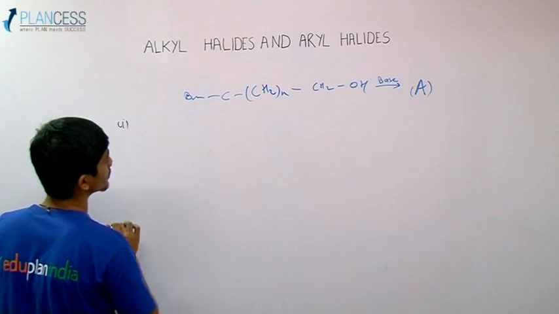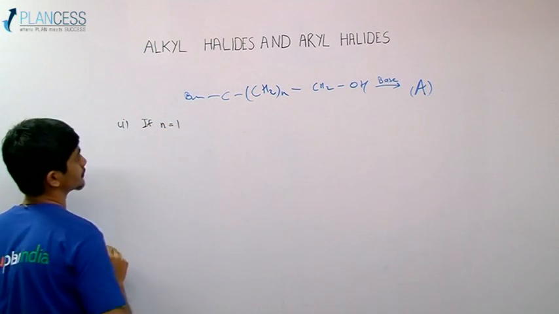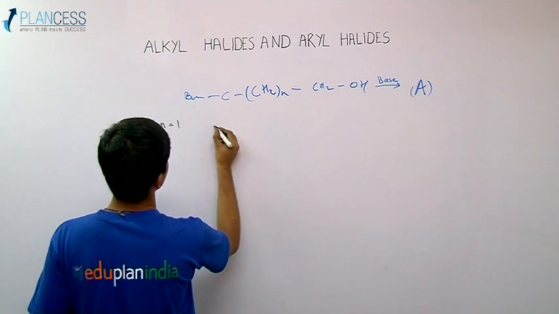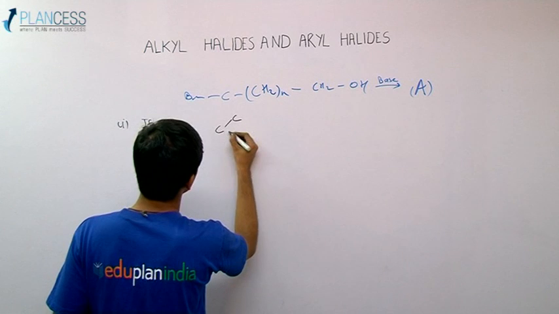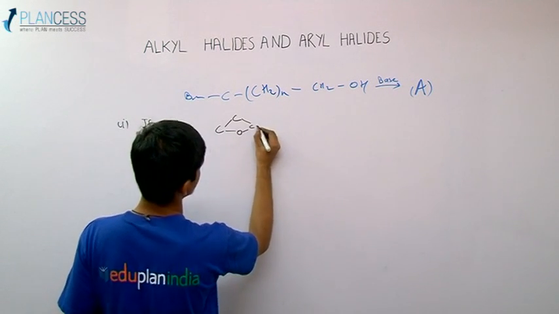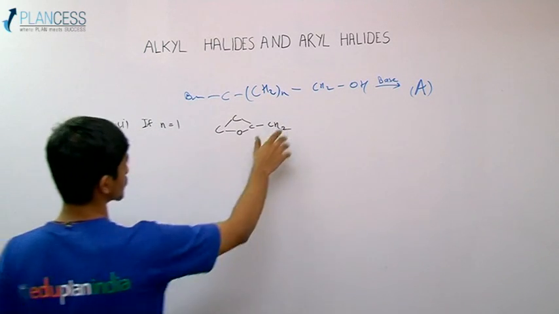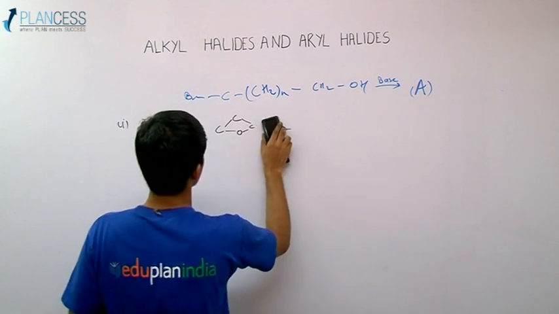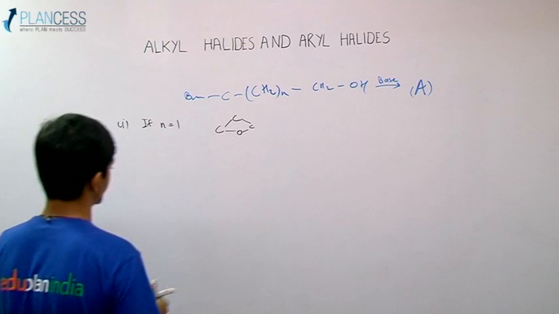So first product, if n equal to 1, then in that case the product is C, O, C, CH2. One second. If n equals to 1, then in that case this CH2 won't come, because in that case we will have only 3 carbons and 3 carbons have already come.